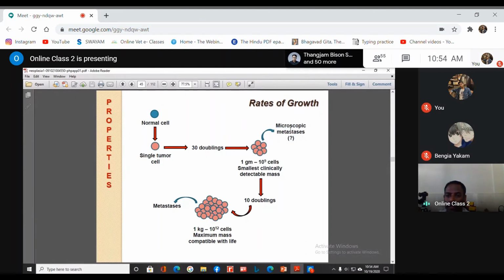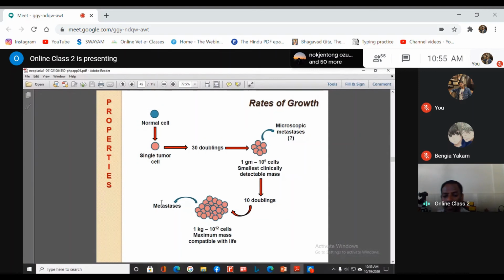Microscopic metastasis, that is the smallest detectable size. And within 10 further doublings, it becomes the size of 1 kg. Of course, this data is for humans. So it becomes 1 kg within 10 further doublings, and that is the maximum compatible size in case of humans.